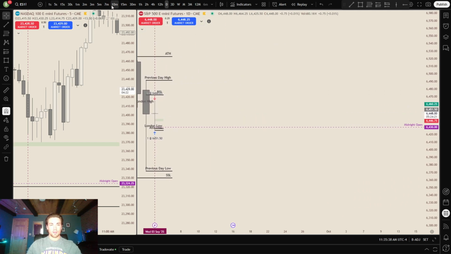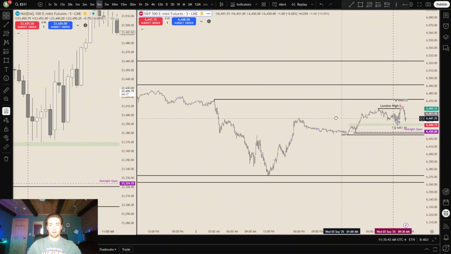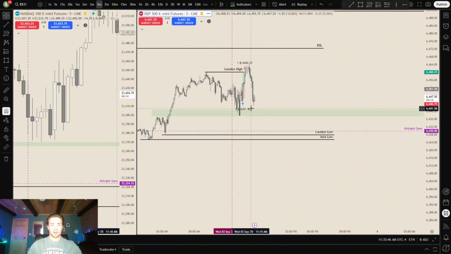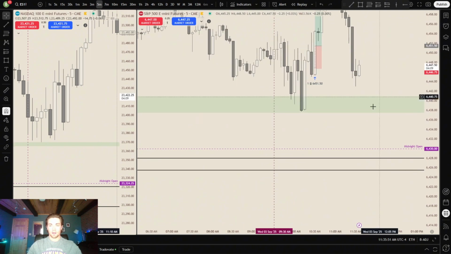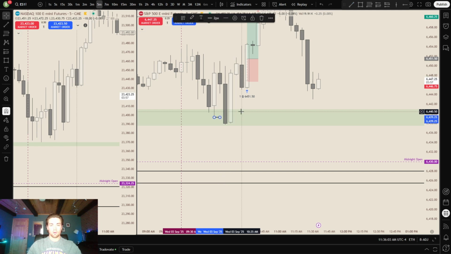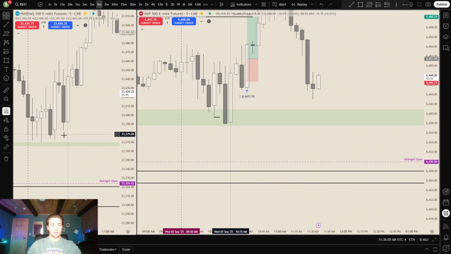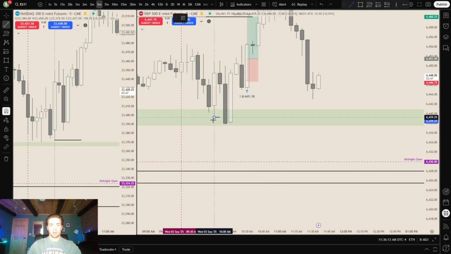So scale back into the 5-minute. Let me find where we're at again. So back down on the 5-minute. This line is New York Open. We retraced down here and we swept this internal low right there on ES, but this same low was not swept on NASDAQ, creating a bullish SMT here.